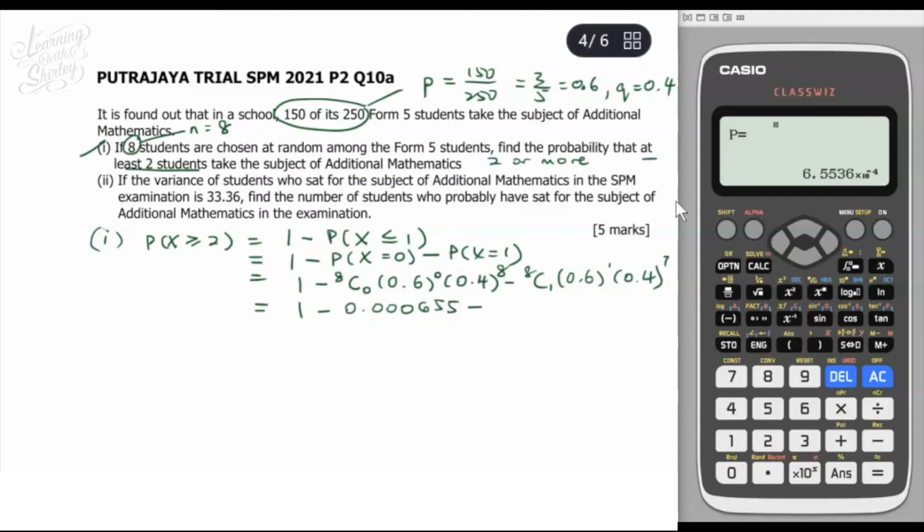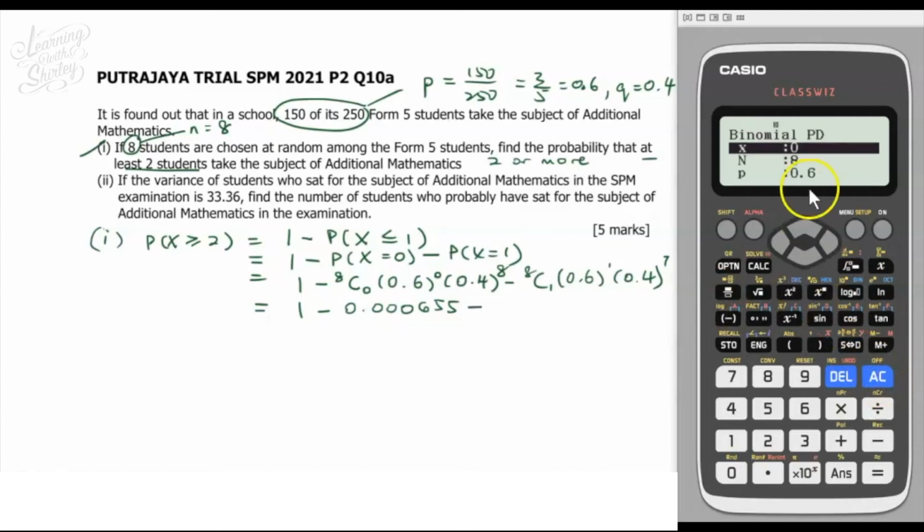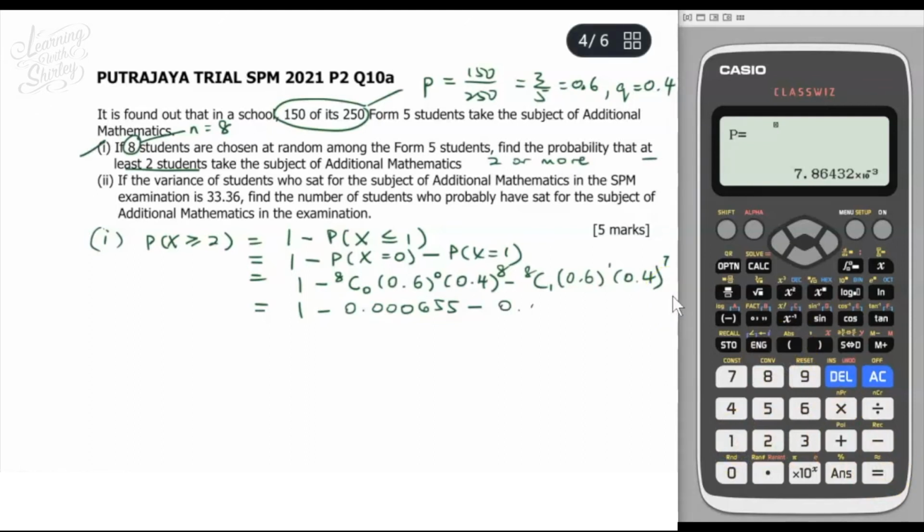Then minus 8C1. For this one, I'm going to use the function. Now my x, I just change it to 1, then the rest are the same. So this is 0.00786, and now you've got to find how much this is.